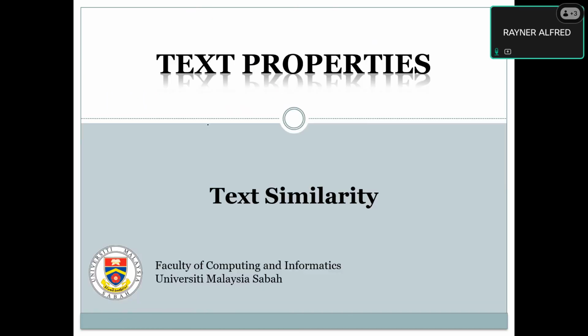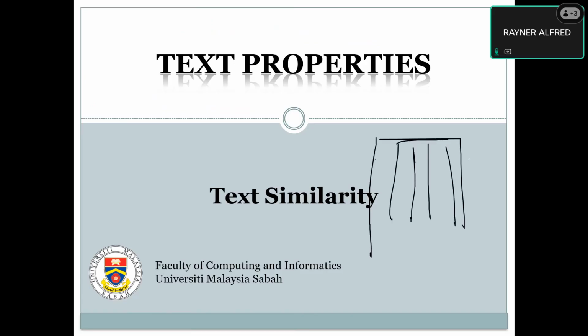Okay. Now we go to text similarity. Text similarity is important. For example, if you want to have the term document matrix, normally this is your document, this is your term. We want to be very selective. How do we select our terms here?